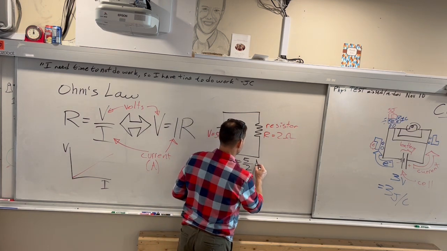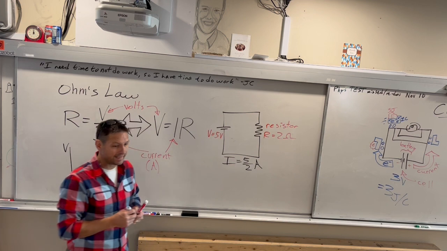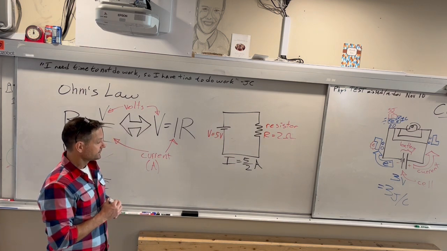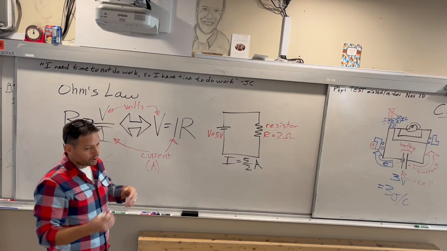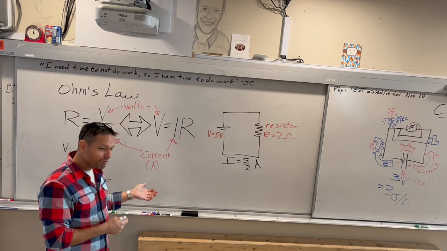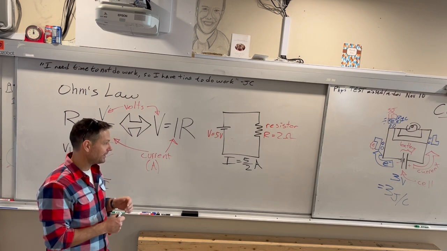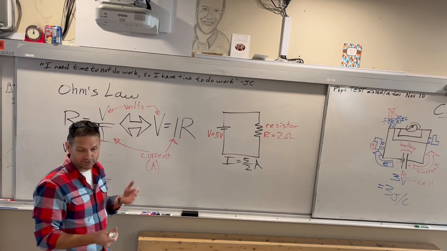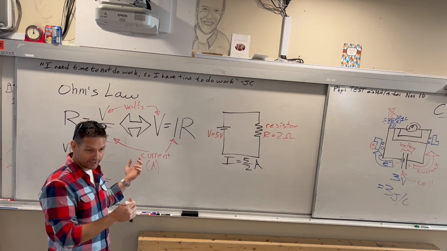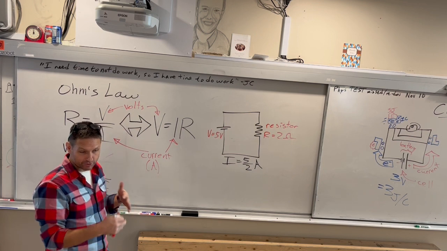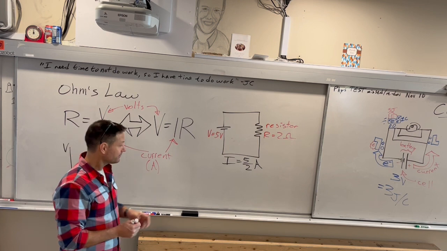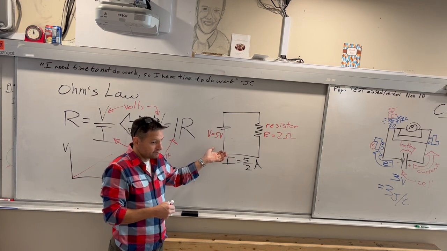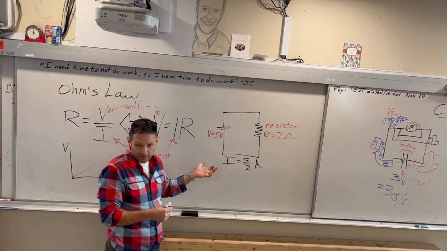Amps. 5 over 2 amps. Of course, it's not going to be that simple, right? We can add a bunch of resistors in both series and parallel, and I'll show you how it gets really complicated. But this is the general gist of what happens.